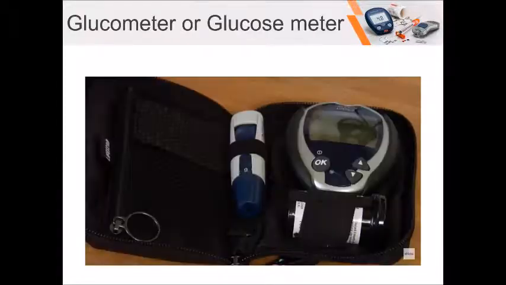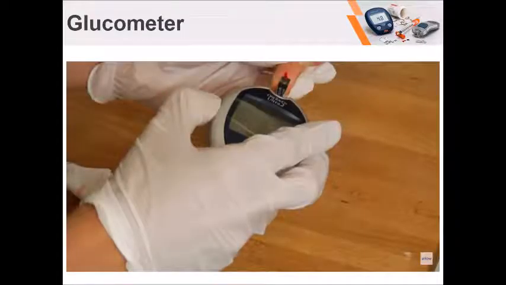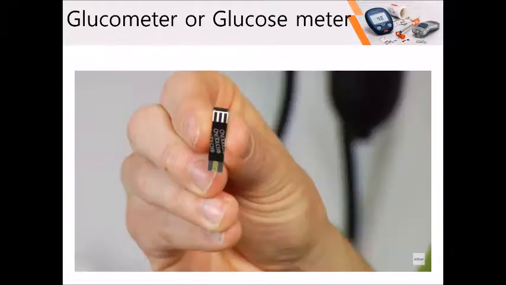A typical example of the amperometric biosensor is the glucometer, which is used to measure the glucose present in the blood. So it basically contains two parts. First is the test strip and second is the monitor that measures the current. So here is a figure of the test strip.